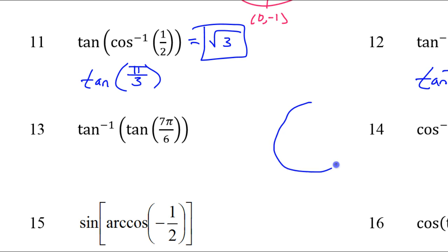Well, here's a quick diagram of pi over 6's. So look, the reference angle is clearly pi over 6. The tangent of pi over 6 is 1 over radical 3, also known as radical 3 over 3. So the only question is, should this be positive or negative?